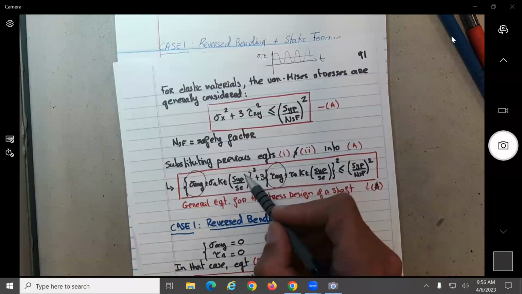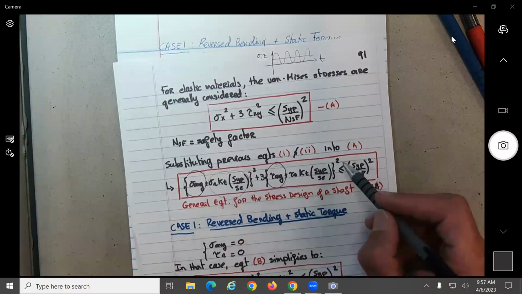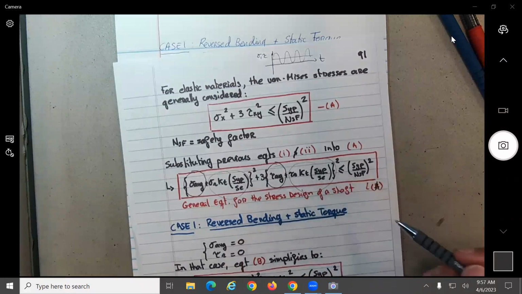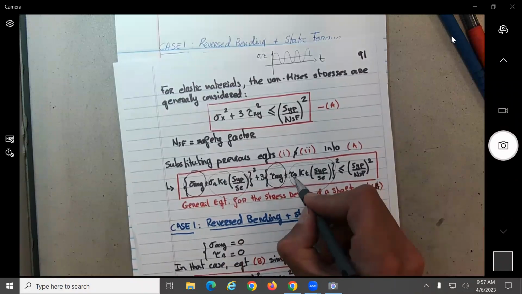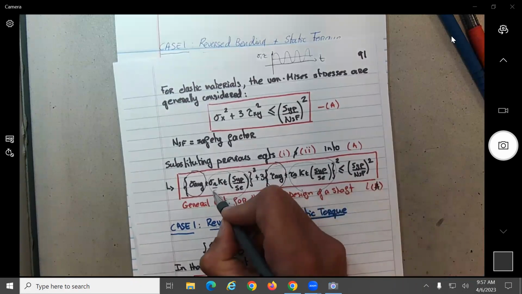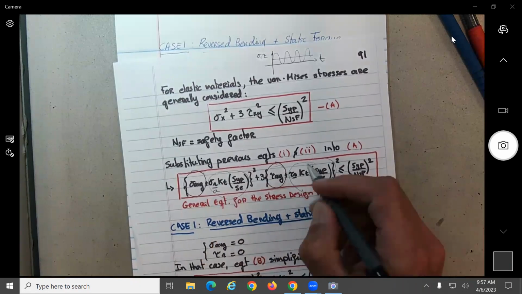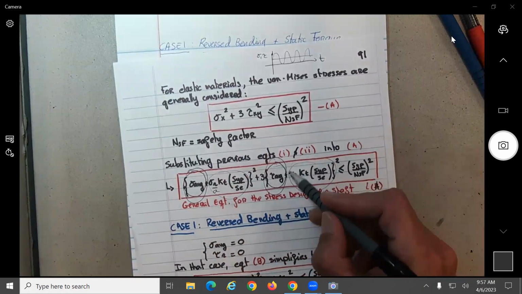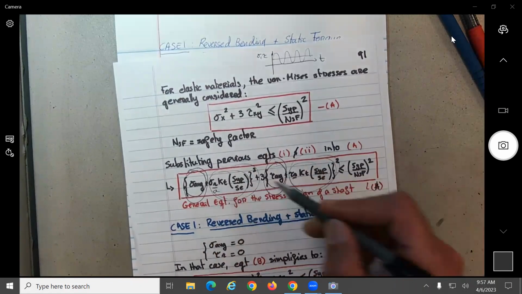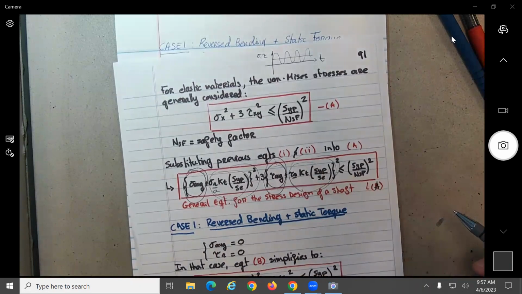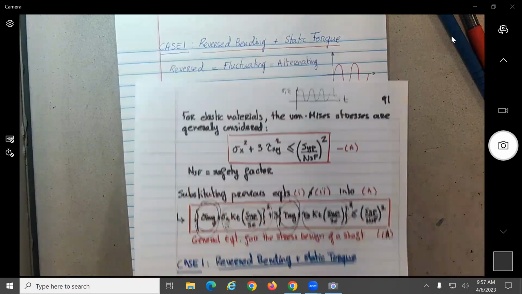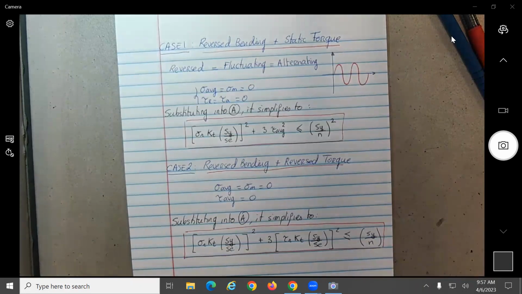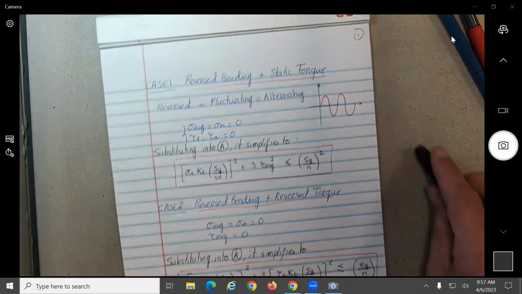These are the values due to the dynamic load. You see, these ones are related to the reverse or alternating or fluctuating, whatever you want. So these values here are related to the static loading. These two values over here are related to the dynamic loading. Okay, that's what's important here to understand. All right, so let's do one example.